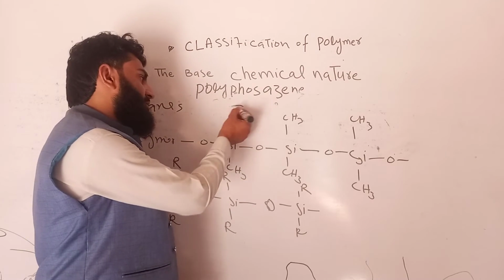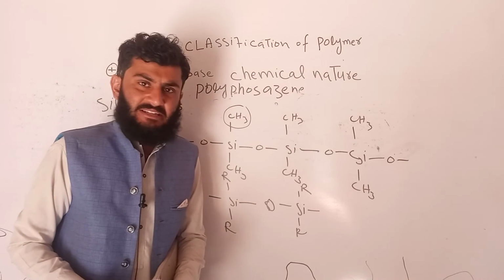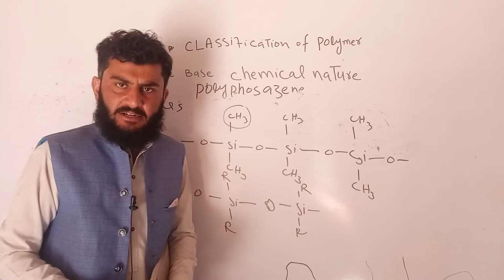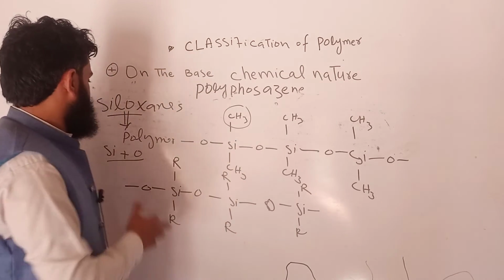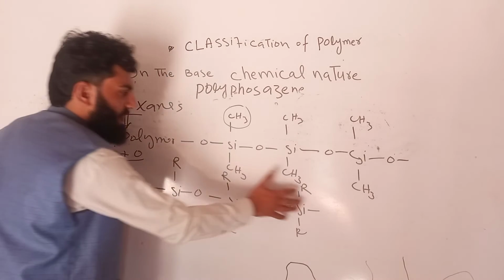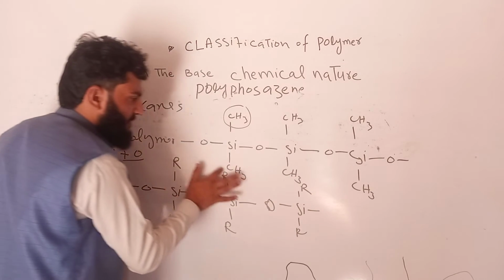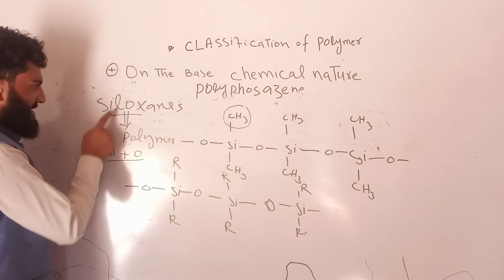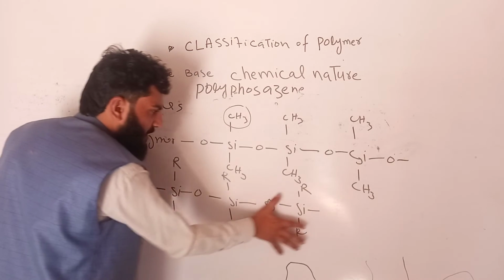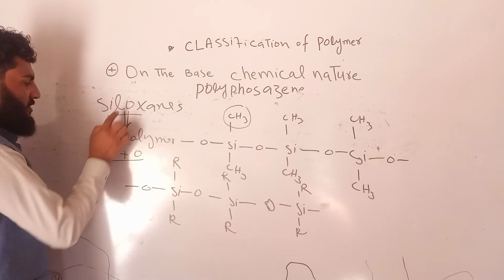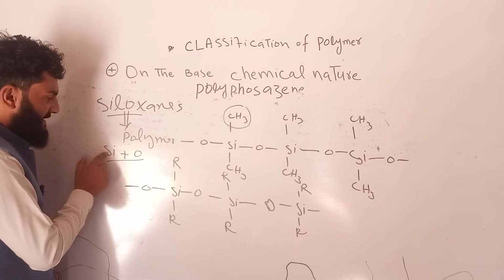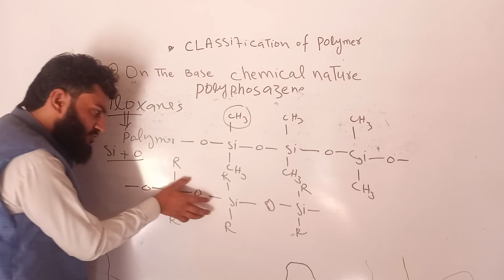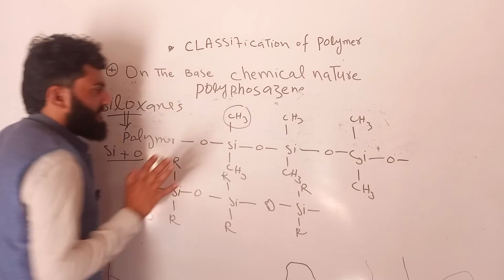Here I have written methyl group, but it may be ethyl and so on. So this is the general formula for siloxane. Siloxanes are those polymers in which silicon and oxygen are used in their main skeleton.